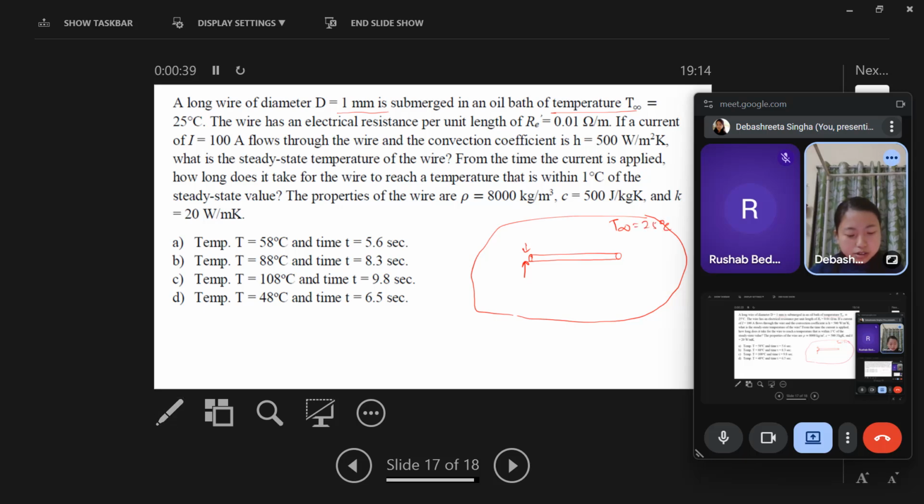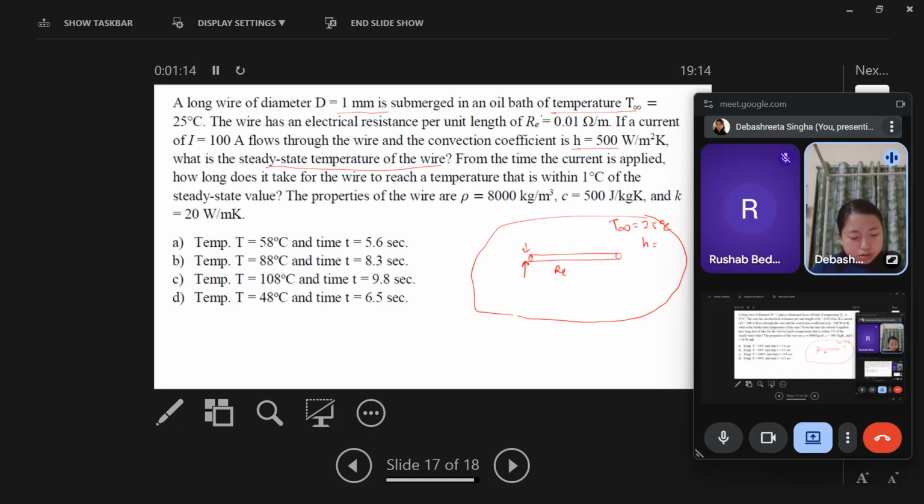The wire has an electrical resistance per unit length of Re, this is per unit length resistance, Re equal to 0.01 ohm per meter. If a current of I equal to 100 ampere flows through the wire, the convection coefficient is H equal to 500 watt per meter square Kelvin. H is given. Then what is the steady state temperature of the wire?